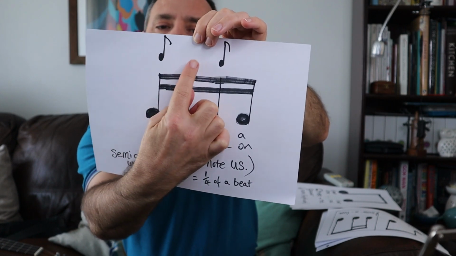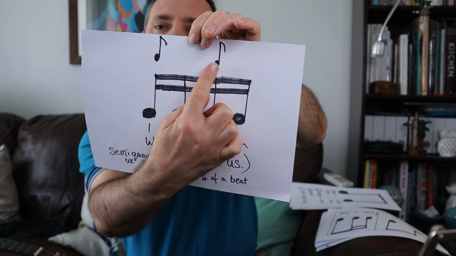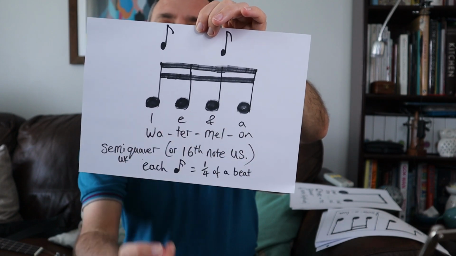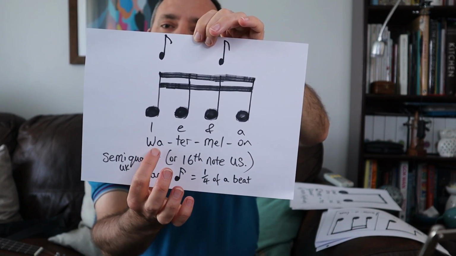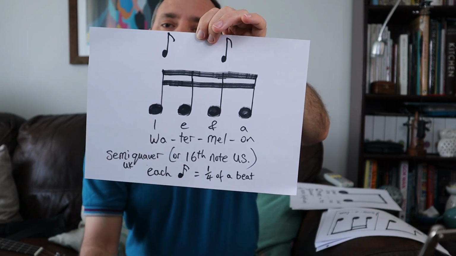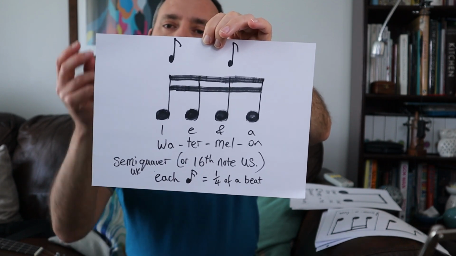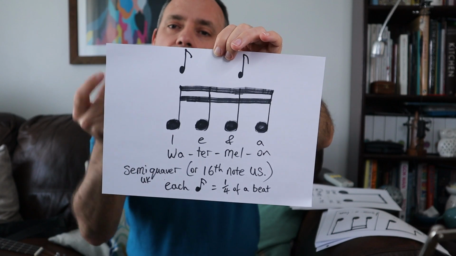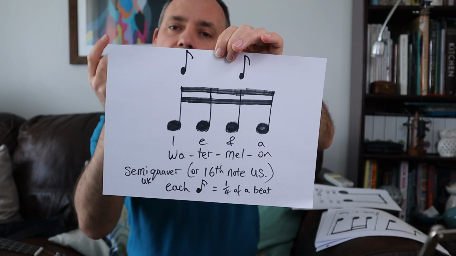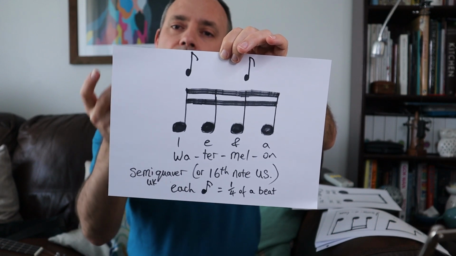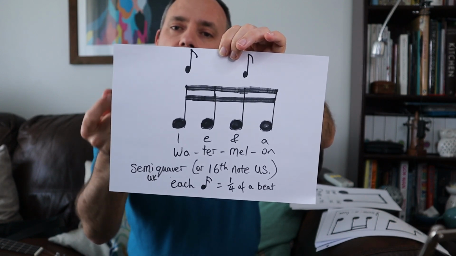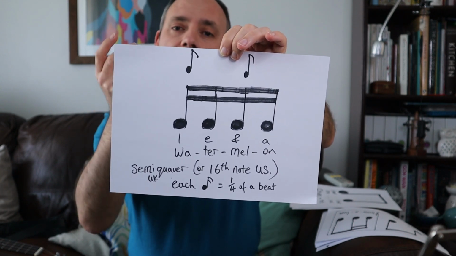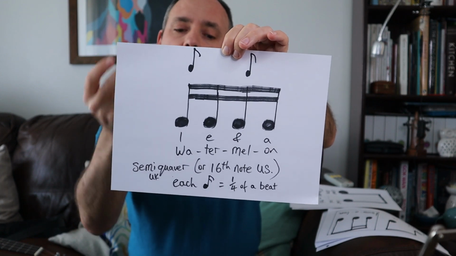If we're counting 1 and 2 and 3 and 4, here we're counting 1 and 1 and. What might be easier is putting a word to it, like watermelon, watermelon. So with crotchets we count 1, 2, 3, 4, with quavers 1 and 2 and 3 and 4 and, and the semiquavers go 1 and 1 and 1 and, watermelon, watermelon.